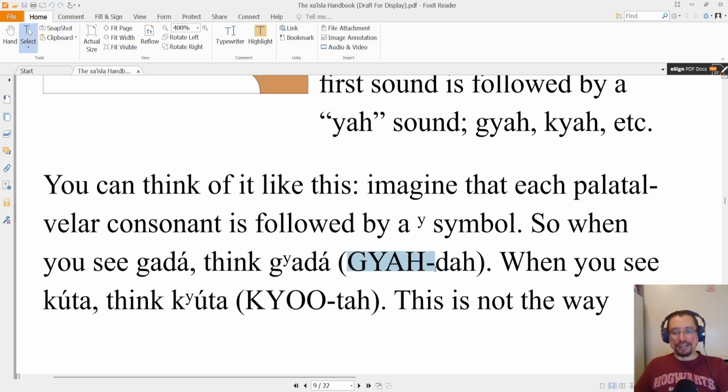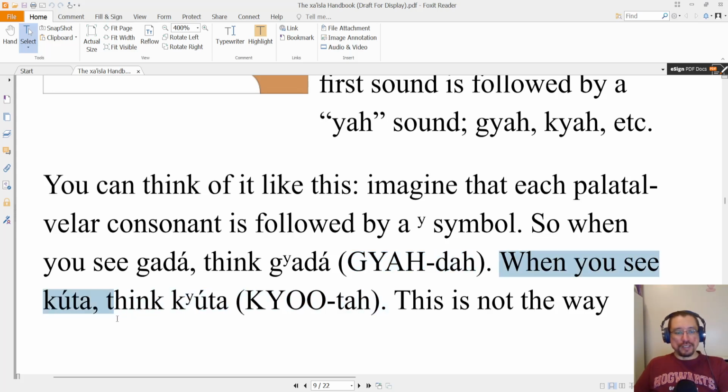So gyada, gyada. You can see I wrote the first syllable in capital letters because it's emphasized. If the acute accent was where it's supposed to be, that would tell you, you emphasize the first syllable, gyada.